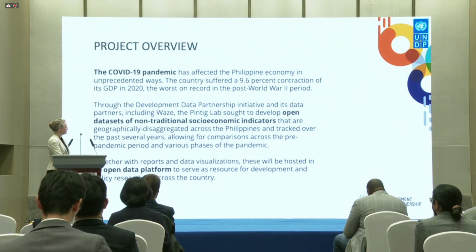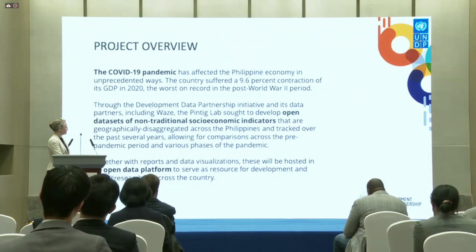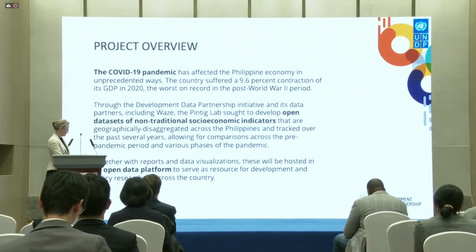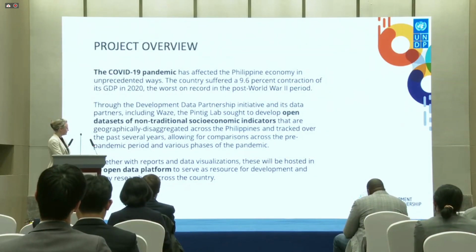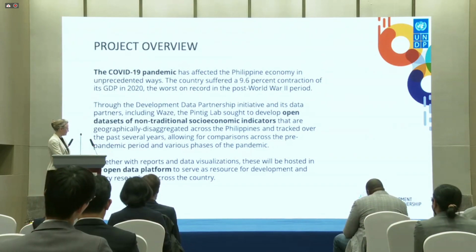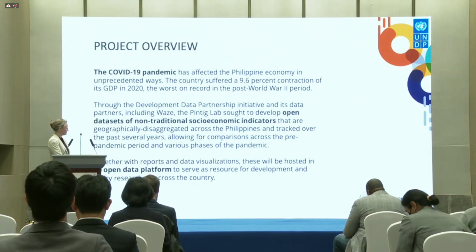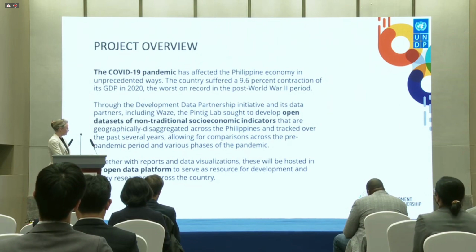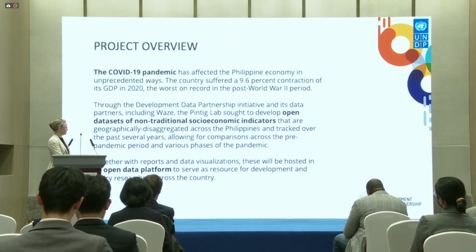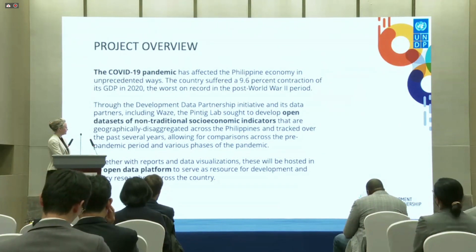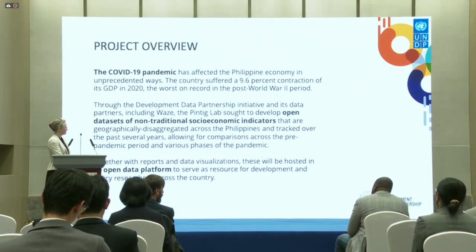We were really looking at non-traditional data and partnerships with the private sector as a potential resource for real-time data, because the data from more traditional sources might not be available during the minute of actual need. And so we embarked on a data exploration exercise using DDP data in the Philippines with the intention to create or enhance existing data sets and data platforms with non-traditional data that can be accessed publicly.